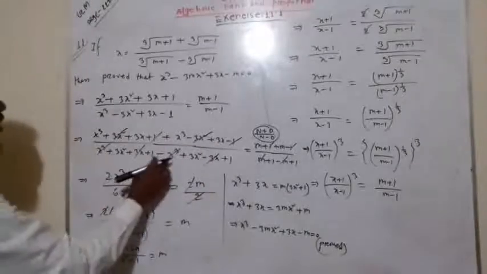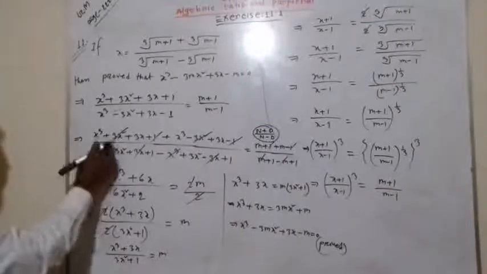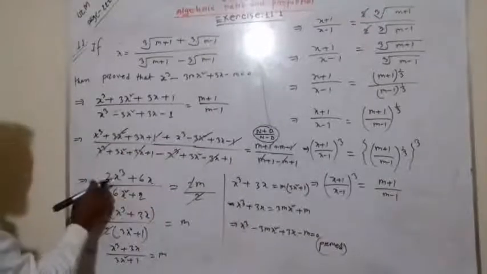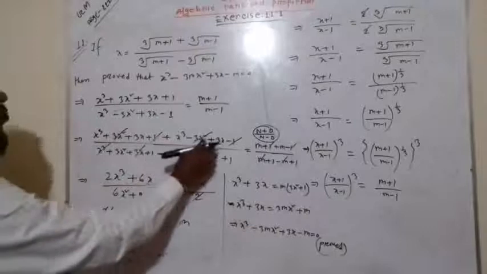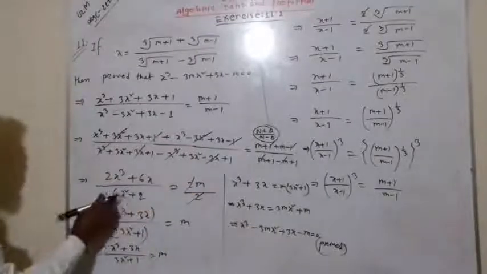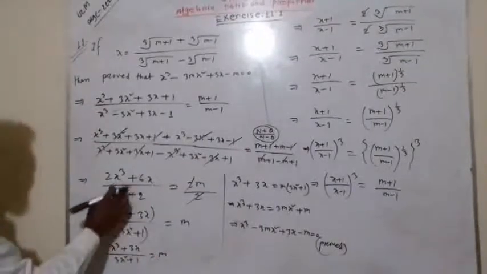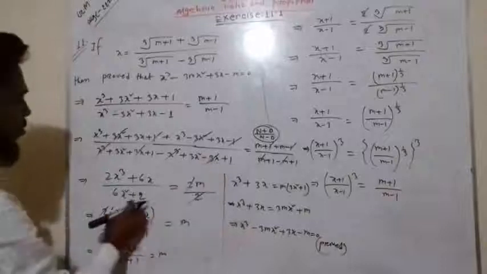Here x cube minus x cube cancel, 3x minus 3x is cancelled. So we can write x cube plus x cube, that means 2x cube, plus 6x, divided by 3x square plus 3x square, this is 6x square, 1 plus 1, this is 2.